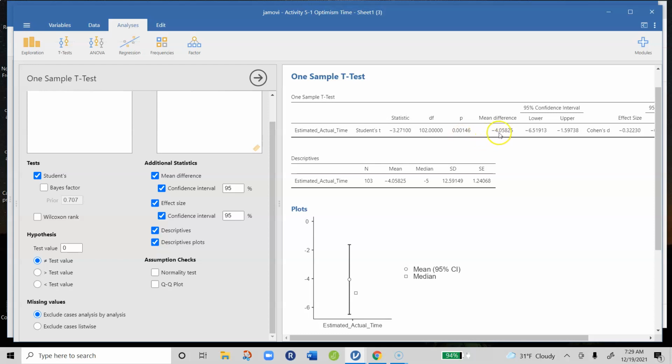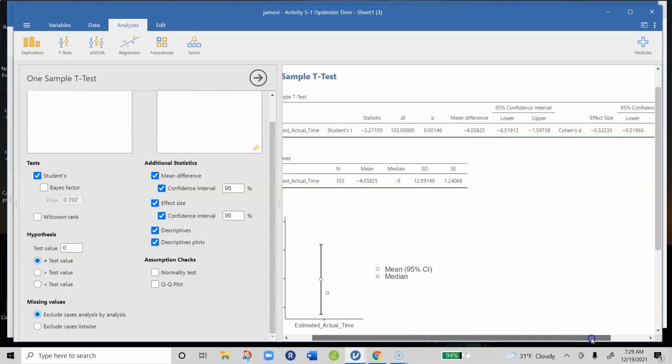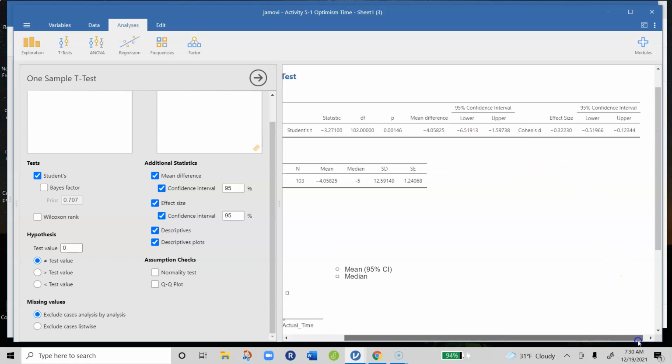Okay? So the mean difference we have is negative 4.058 with a 95% confidence interval here of negative 6.52 to negative 1.60. Okay? So we can be 95% sure that the true difference in the population is somewhere between these two values. Okay? The effect size we have computed here is Cohen's d.